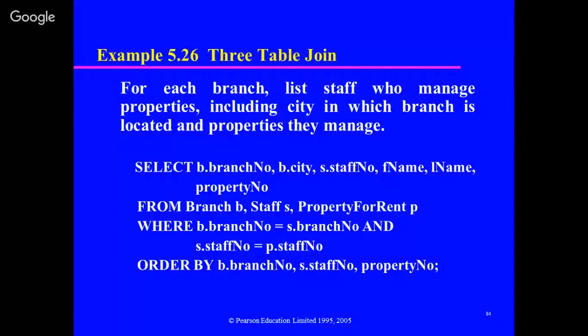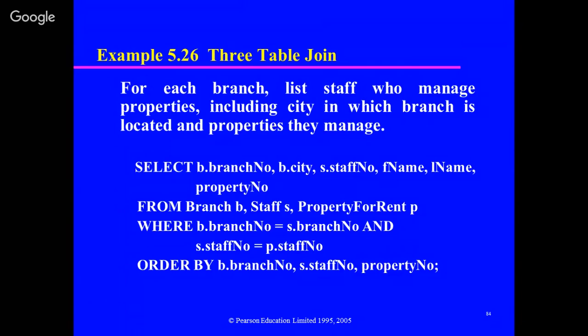Go back to what I said earlier. In my select clause, I'm free to display the attributes from more than one table. In this particular example, I'm displaying attributes from 3 tables. That is why in my from clause, I have to list 3 tables: branch B, staff S, and property for rent P. B, S, and P are nothing but short names or aliases. They make it easier to type.